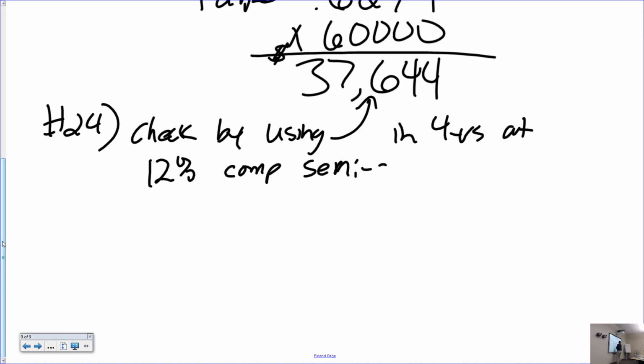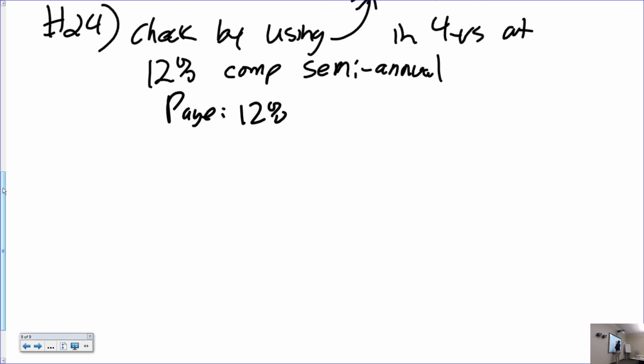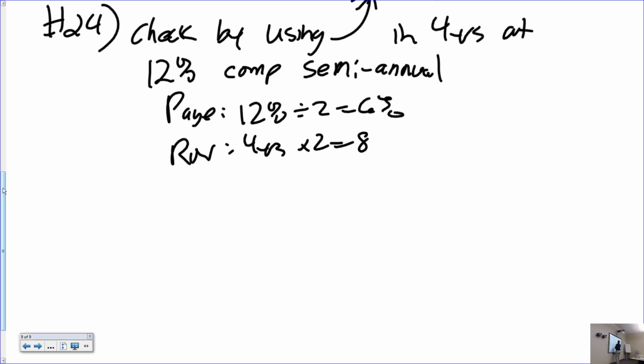Do the same problem, but now go forward instead of backward, using the new number you got, to make sure you wind up where you started. Same page, same row, same periods: 4 years times 2, 8 periods.